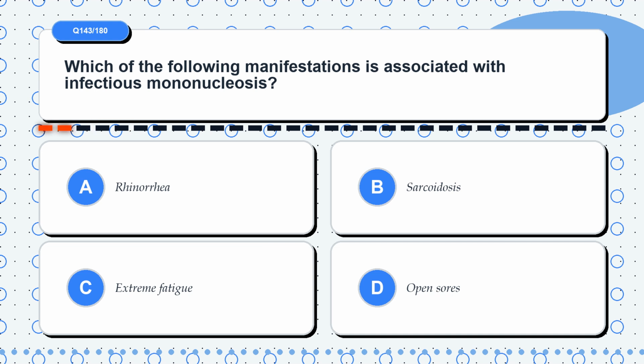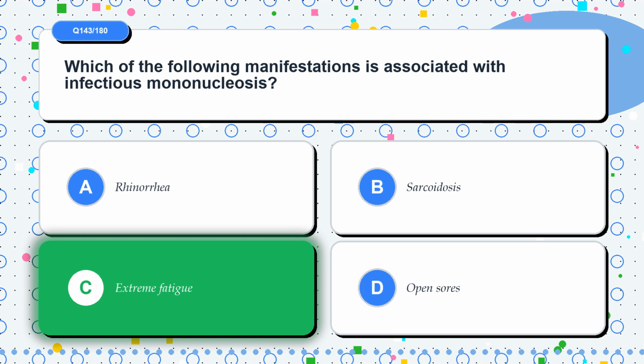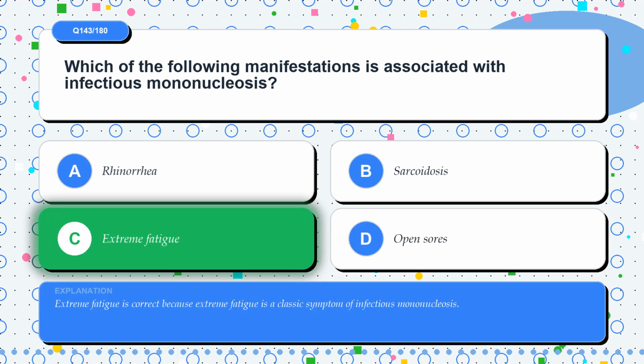Option D. Open sores. The correct answer is option C. Extreme fatigue. Extreme fatigue is correct because extreme fatigue is a classic symptom of infectious mononucleosis.